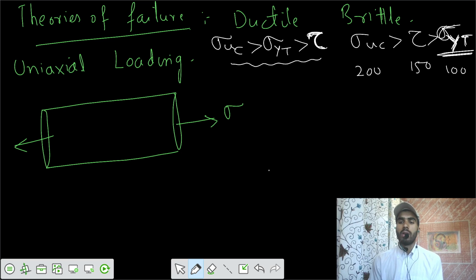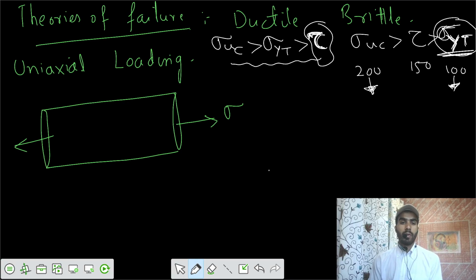Under compressive forces it will fail at 200 megapascal. Under tension it will fail at sigma equals 100, so brittle material is critical in tension, while ductile material is critical in shear stress.